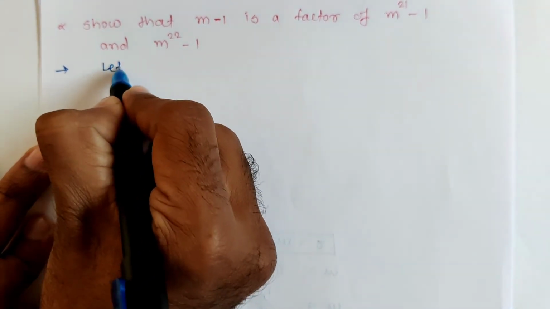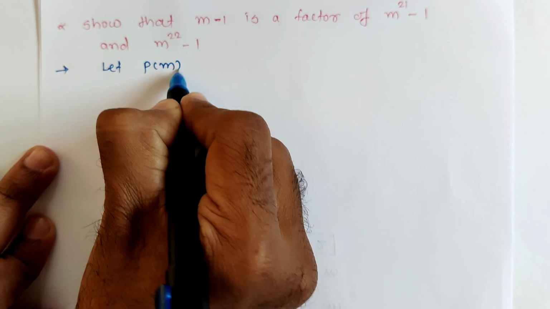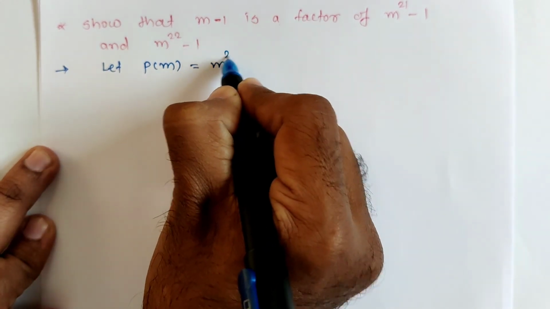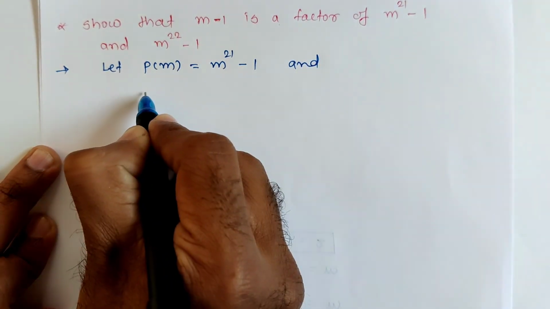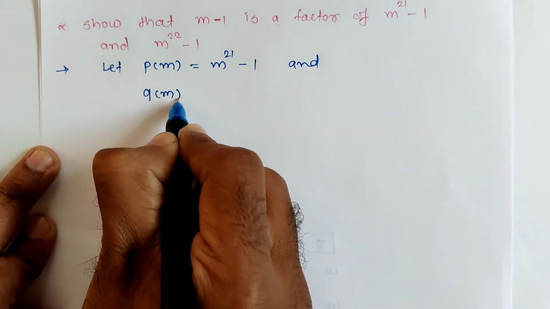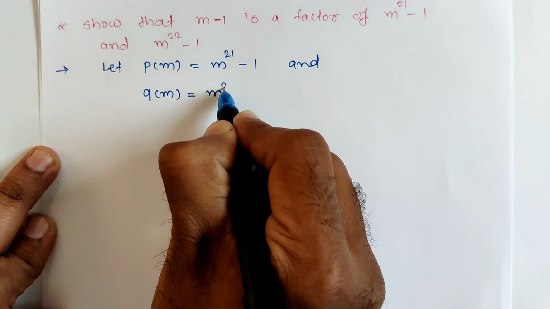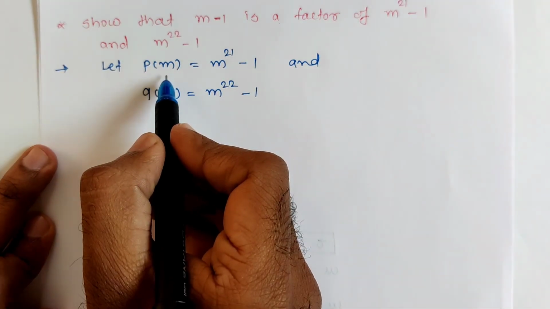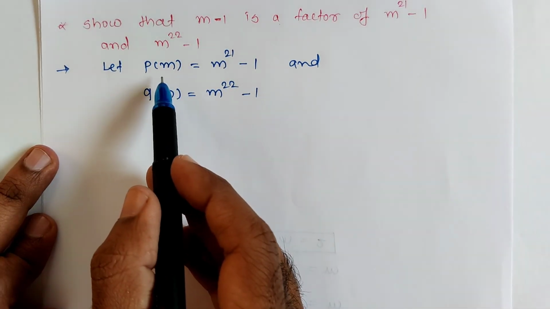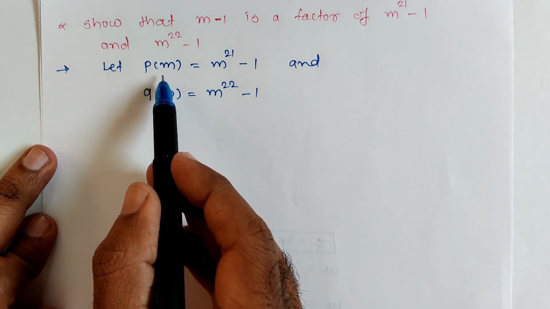So let p of m is equal to m raised to 21 minus 1 and let q of m is equal to m raised to 22 minus 1. So firstly we have to check whether m minus 1 is a factor of p of m.